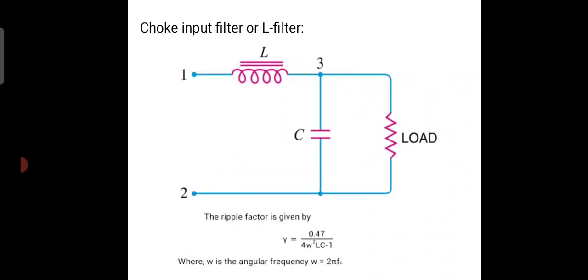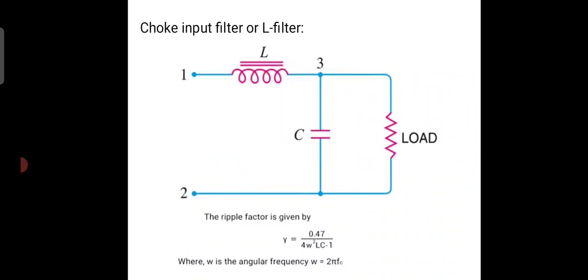Initially, the output of a rectifier is connected at 1 and 2. Then it consists of an inductance or a choke known as L, which is in series connection with the capacitor C, in which an output voltage is drawn across the load resistance R, which is named as load.